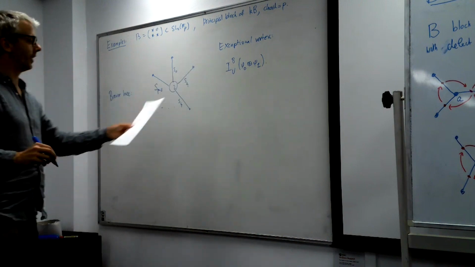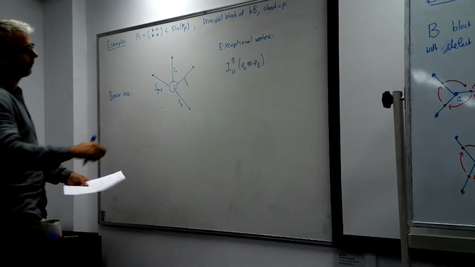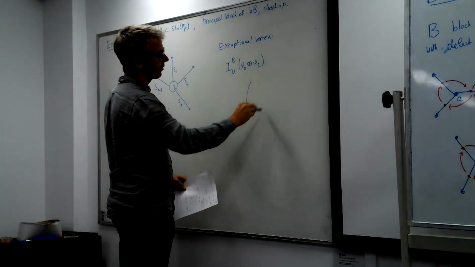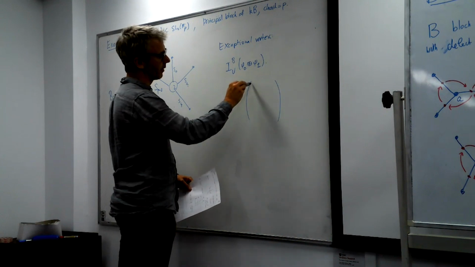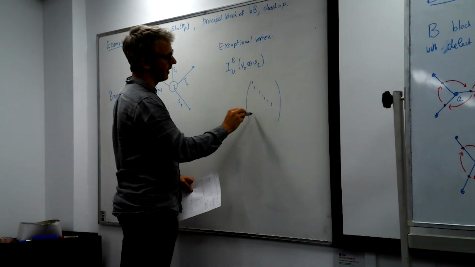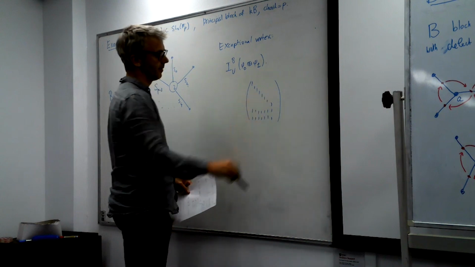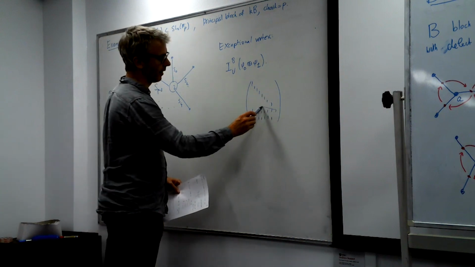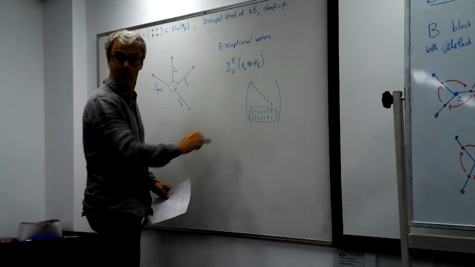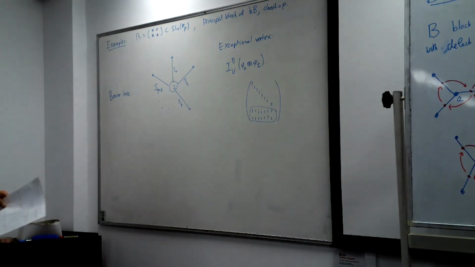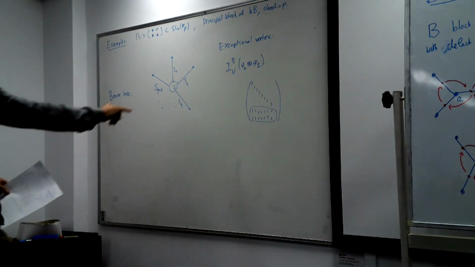But feel free to ignore that. When we saw the decomposition matrix of B, it looked like 1 1 1 1, 1 1 1, and then 1 1 1 1 1 1 1 1 1, like that. And this is the exceptional vertex.